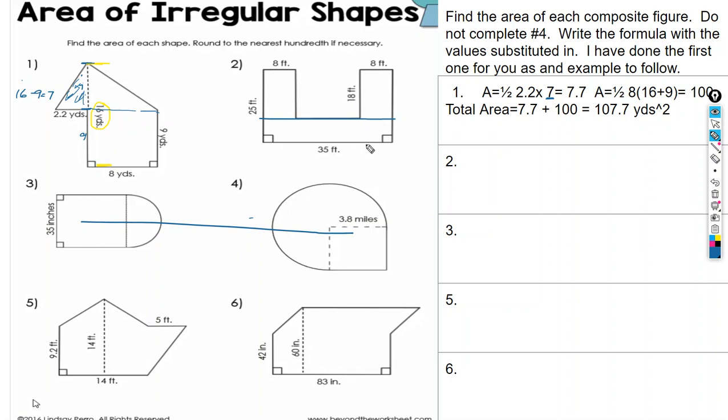And then I have this 35 by, and then I would have to find the difference again. The whole side is 25, this much is 18, so the difference is 7. So once again, 7 would be the height on this rectangle down here. So that would be another way to do it.